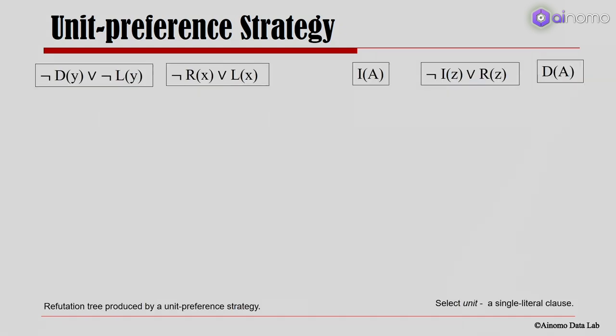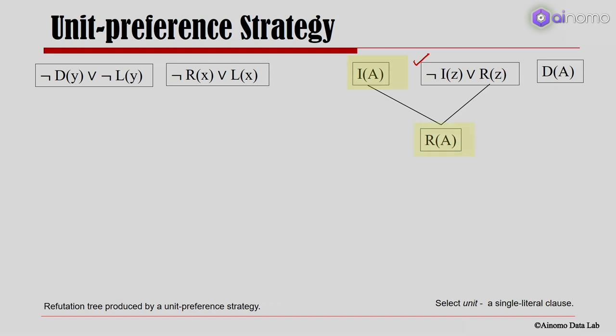So, the original refutation tree that has been produced for this illustrative example has the flavor of the unit preference strategy. Let us select a unit literal clause first. So, it could be my IA, that is a single literal clause, a single unit. You resolve with the complementary at this point and generate R of A. R of A is again a unit.